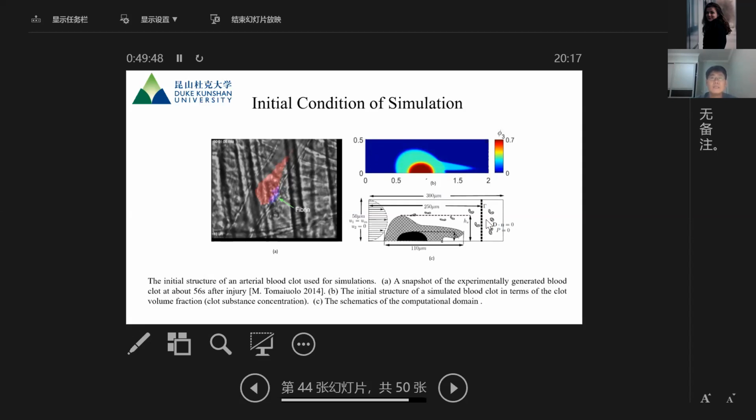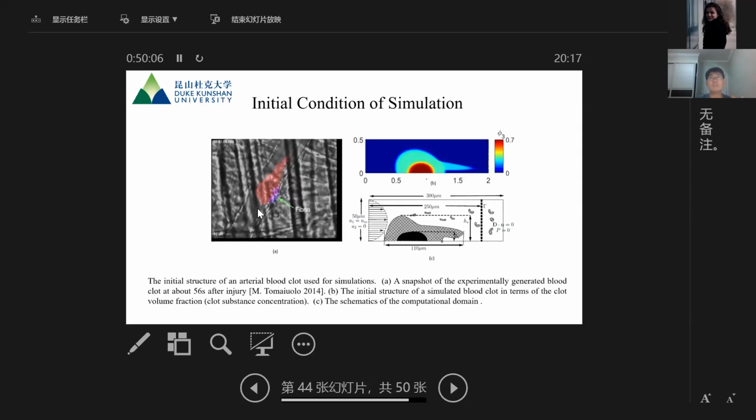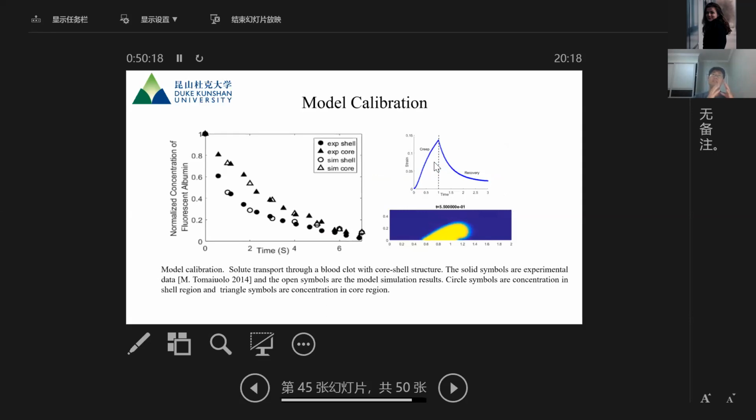Now again, how do I show people my model is acceptable and reasonable, right? I need to do the calibration. So the model is calibrated by computing protein, because the fluid or some material can always pass through the clot. The clot is like a porous medium. There are a lot of pores inside the clot. So the model is calibrated by computing the protein or some material passing through the clot, and then comparing with experimental data.